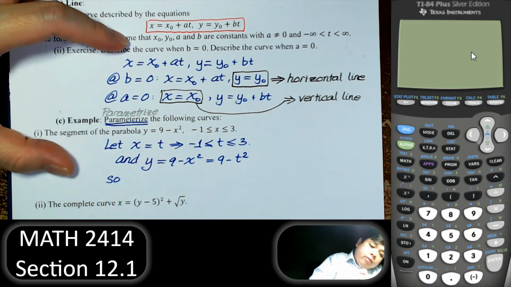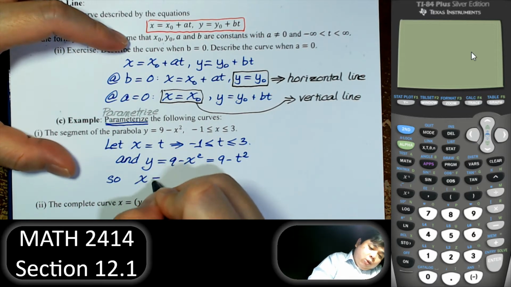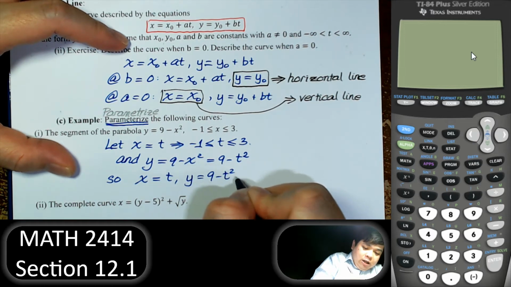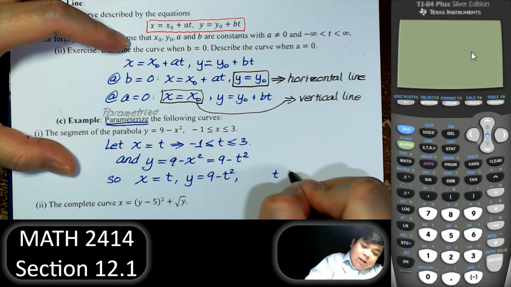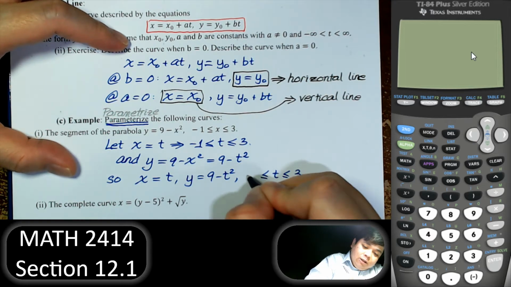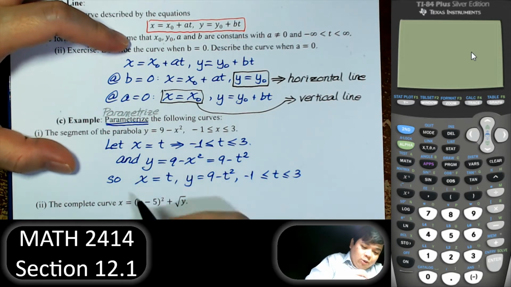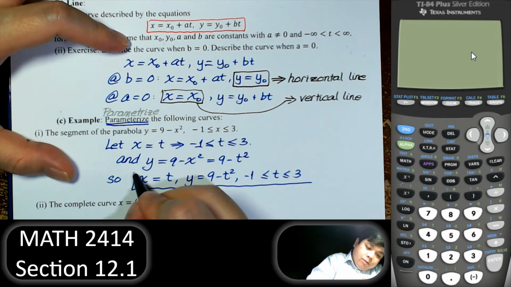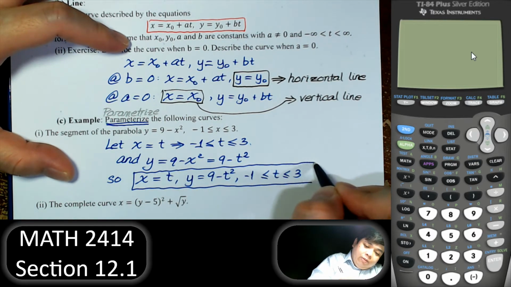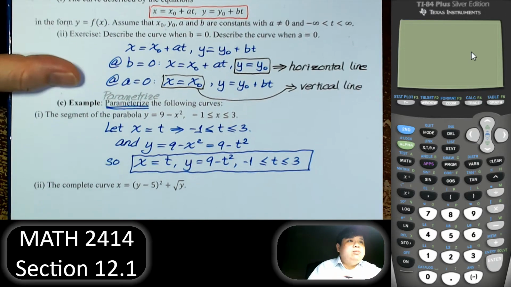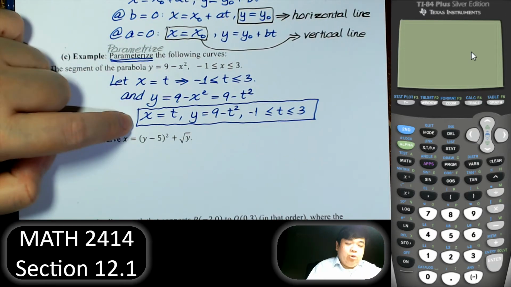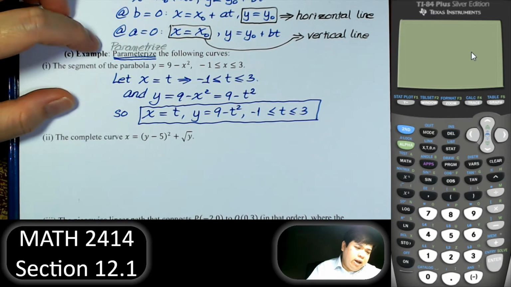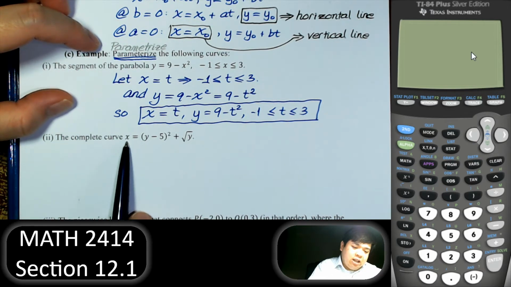So we have x equal to t, y equal to 9 minus t squared, and t between -1 and 3. Right. So parameterize it, turn this equation into the parametric equation. Right. Simple enough.